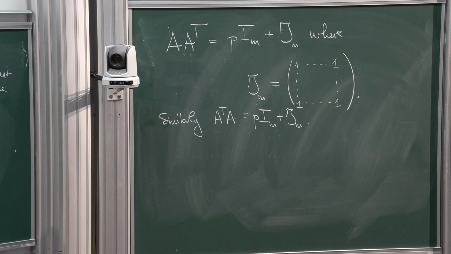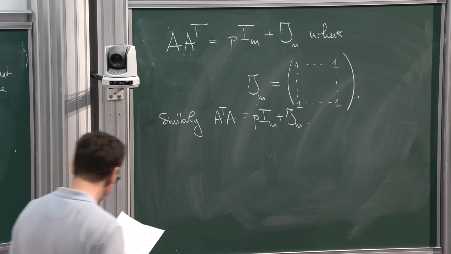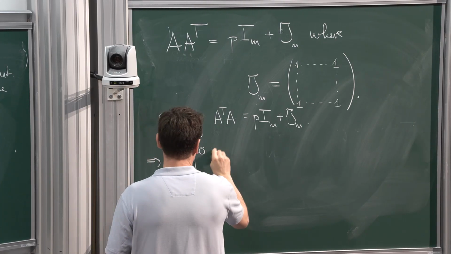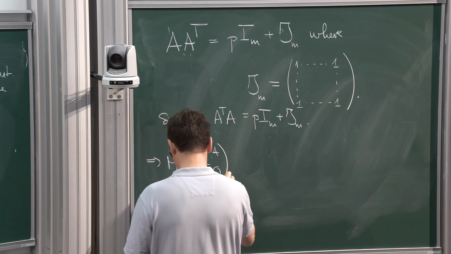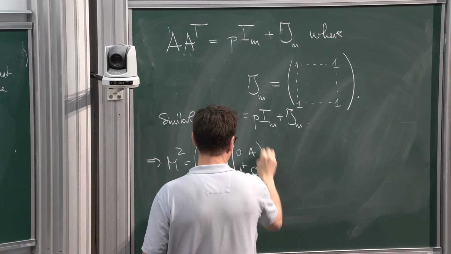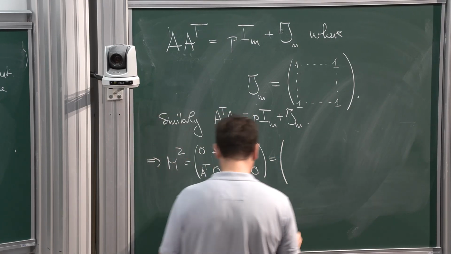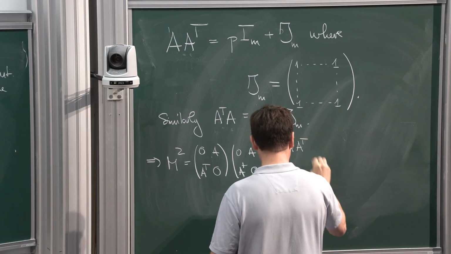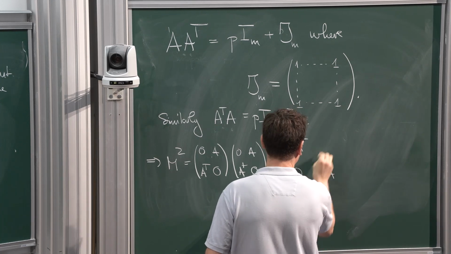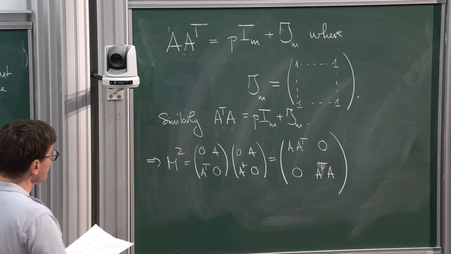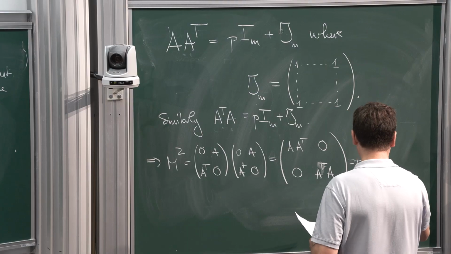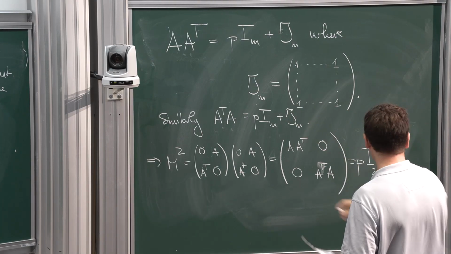And what this means for M itself is that if you square M, then you get these guys on the diagonals. So you get these matrices, and the matrix you end up with is p times the identity matrix plus a matrix that has these as diagonal entries.